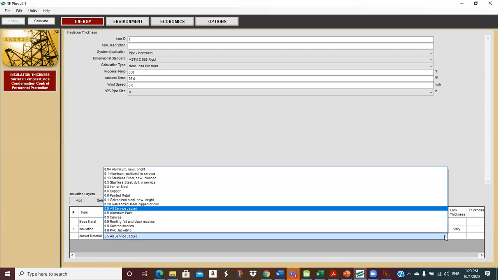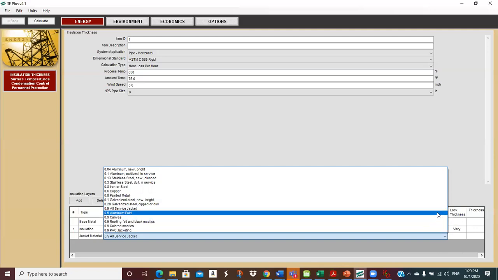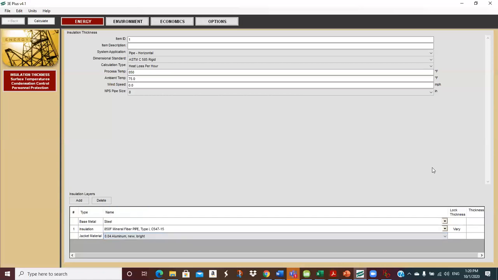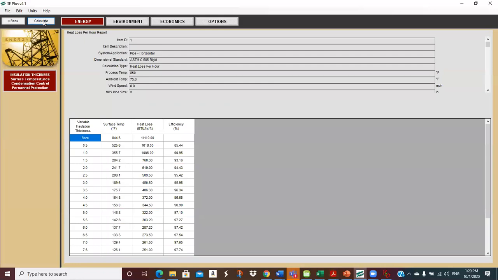You got all kinds of things: aluminum new bright, aluminum oxidized in service, stainless steel bright and dull, iron steel, copper, painted metal, galvanized steel, aluminum painted, canvas, roofing felt, and black mastics. All kinds of stuff. So pick what you want. How about aluminum, bright, shiny, new? And then you just hit calculate and bingo.